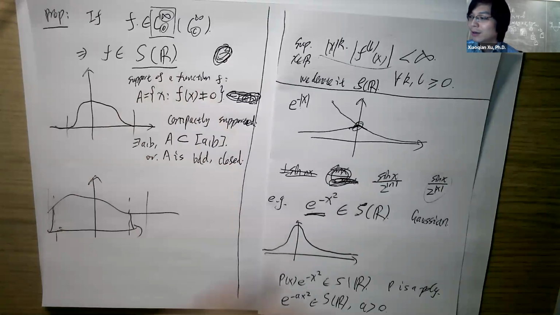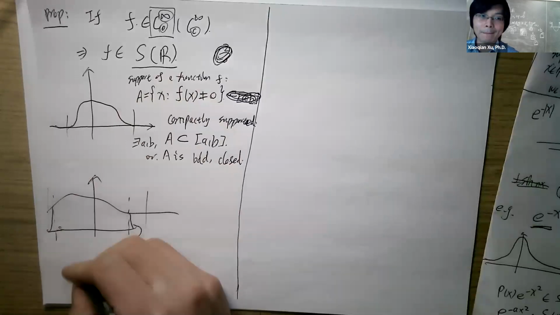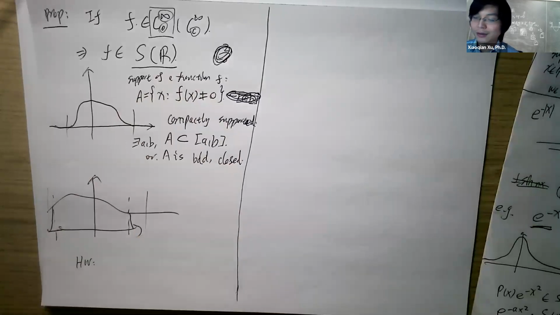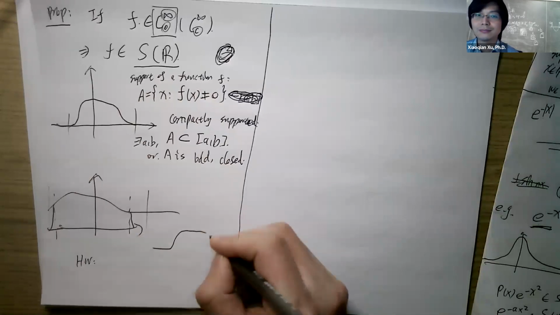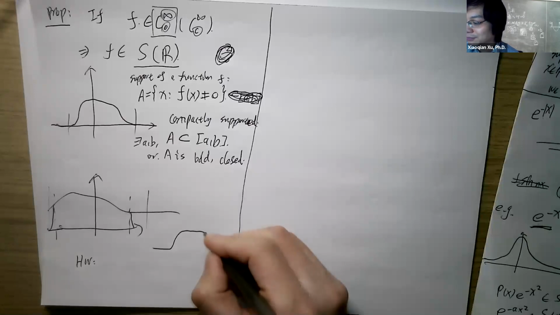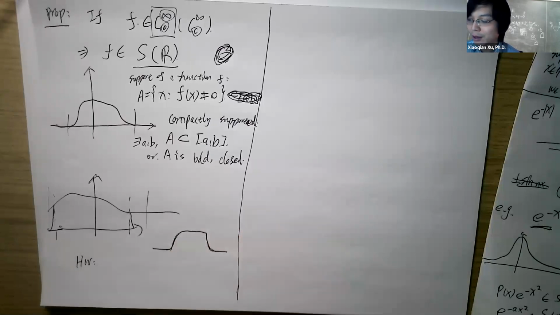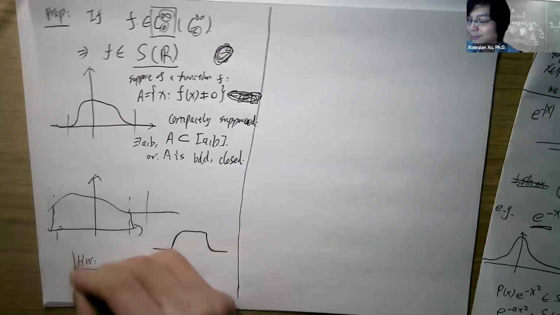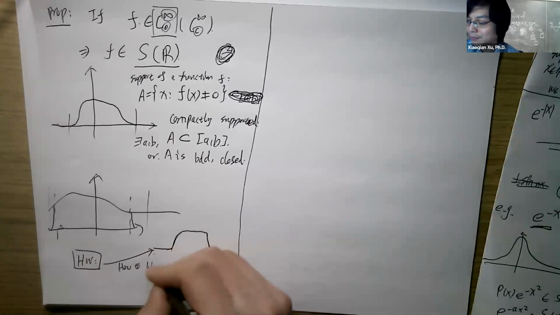And one of the homework problems you will have this week is to find such a function. For instance, how can you find a function that looks like this, like a table, and is also smooth? How can you make a function look like this? This would be a homework problem.